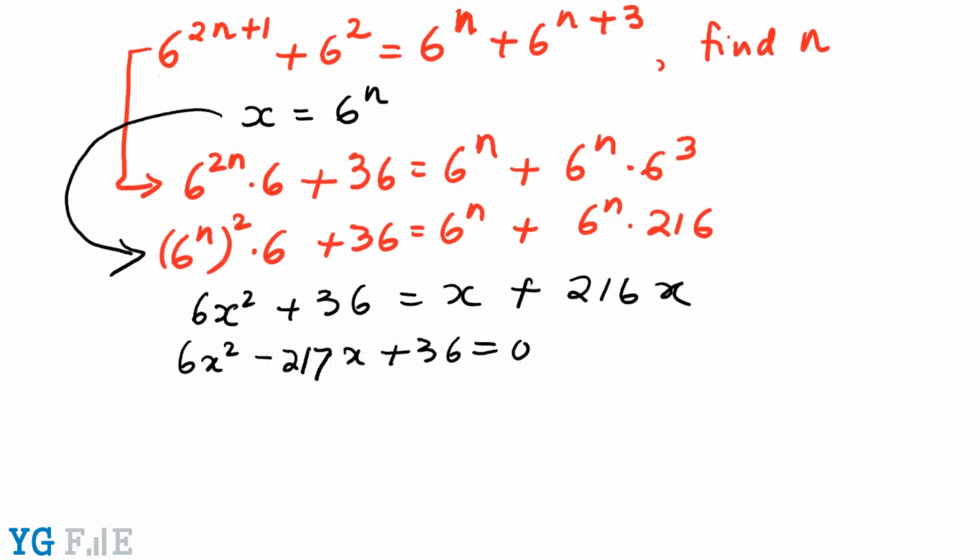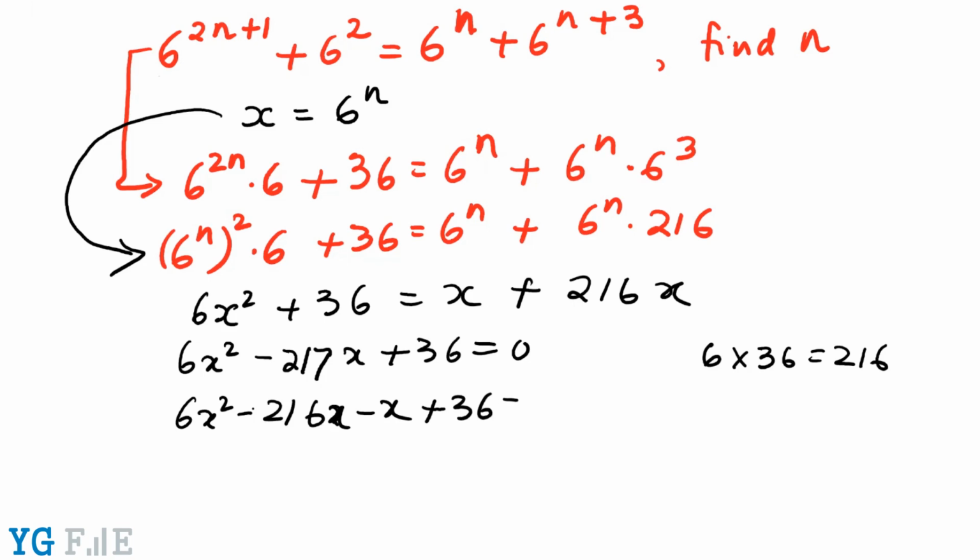So remember, 6 times 36 is 216. So you can see that 6 and 36, when we multiply, it becomes 216. So that means for 217 what we get is, we factorize 217 as minus 216x and minus x, because if I add them it becomes 217, and remember when I multiply these two we get 216, so we are good.